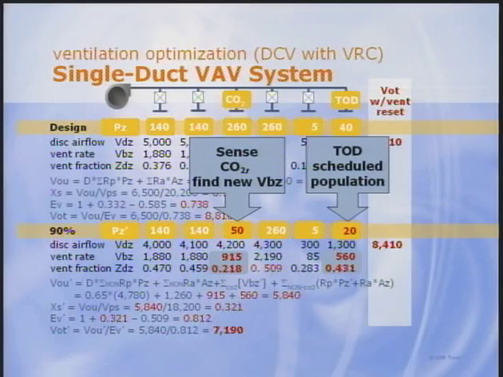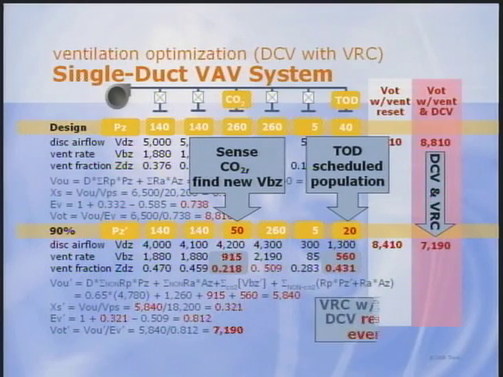Using these lower than design airflows, we use the multiple zone equations and find the current required intake airflow. But after doing the calculations, we find that at this example load condition, the system only needs 7,200 CFM of outdoor air, which is significantly less than the 8,800 CFM needed at design.